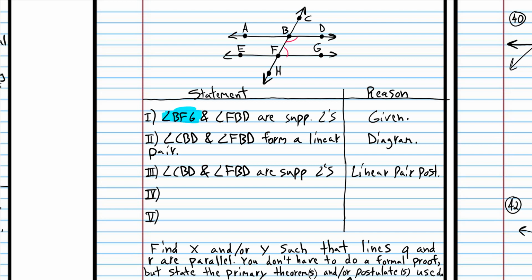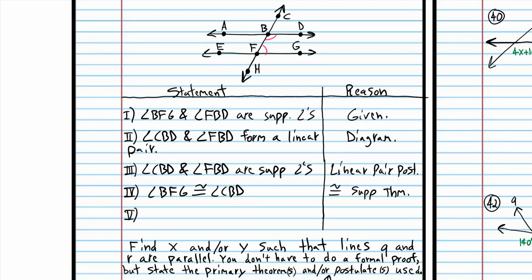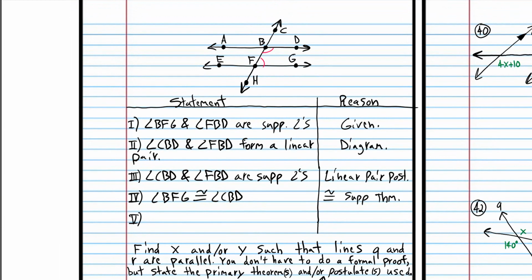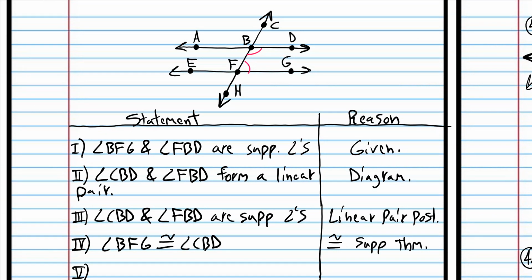BFG and CBD are both supplementary to the same angle, FBD. So we can use the congruent supplements theorem. Angle BFG is congruent to angle CBD, and that is the congruent supplements theorem. So because BFG, now here's the important part, it's really important to know what we just did there.